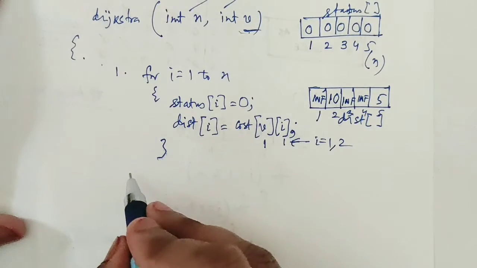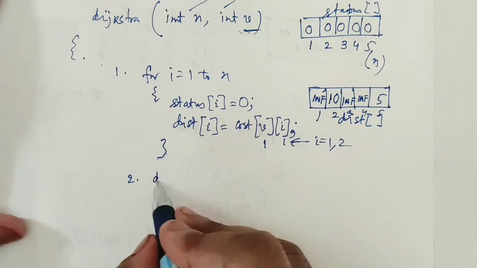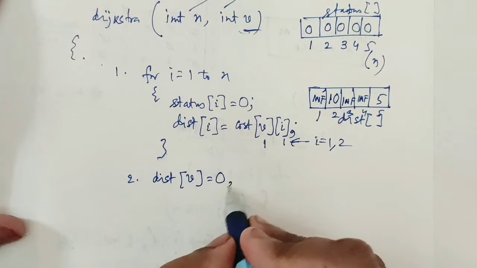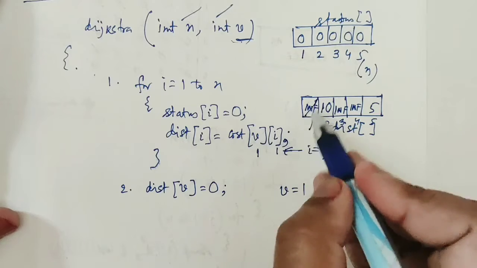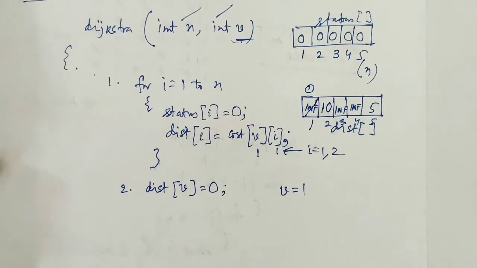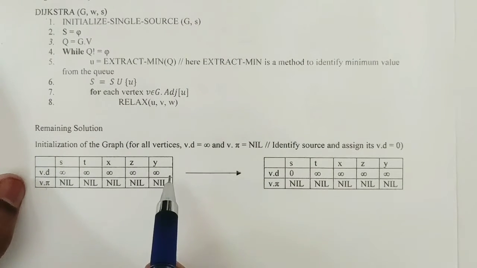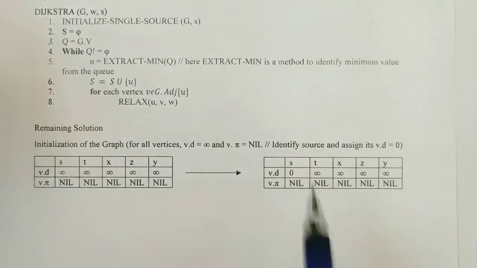After that, one very interesting part is to make dist of V equal to 0. You know that V is 1, so dist of 1 is 0. So it is like the first part of Dijkstra, which is to put infinity in all d values, then make 0 the d value of the source.